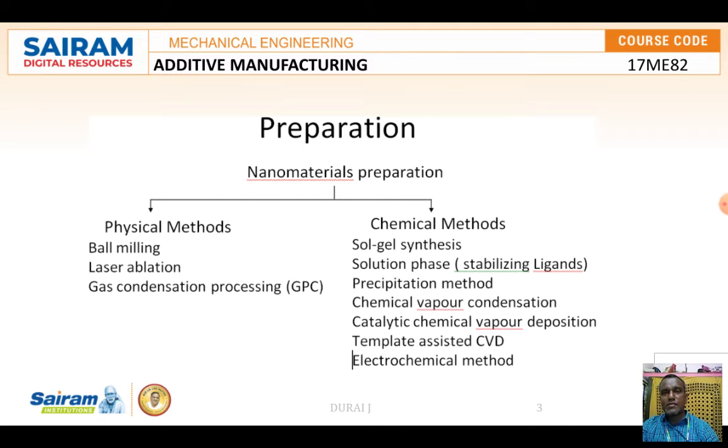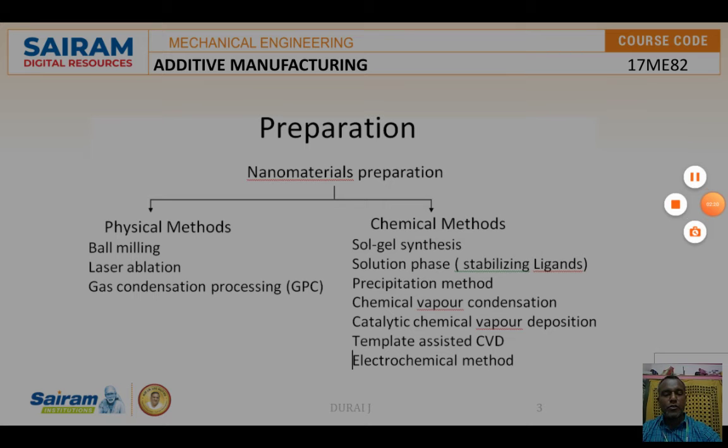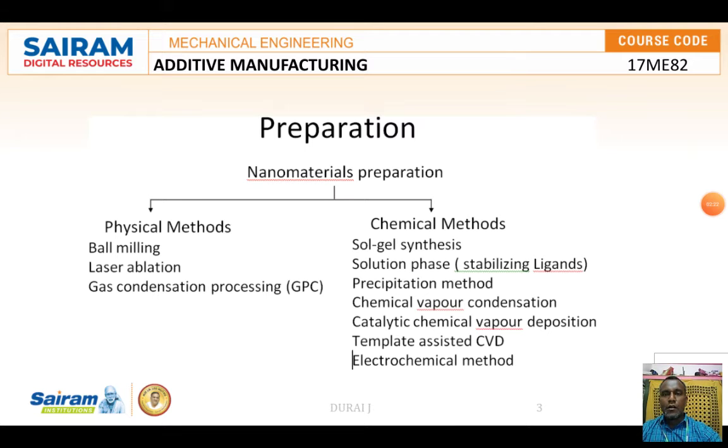In the mechanical or physical methods, like ball milling, laser ablation and gas condensation processing, they come under the physical methods. And chemical methods include sol-gel synthesis, solution phase precipitation method, chemical vapor condensation, catalytic chemical vapor deposition and template-assisted CVD, as well as the electrochemical method.